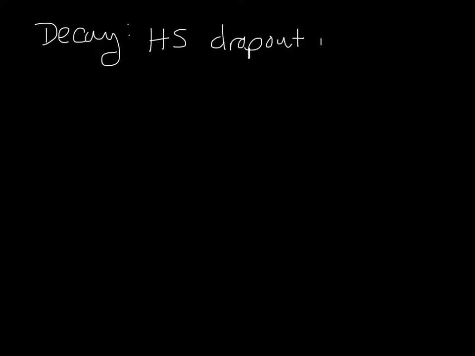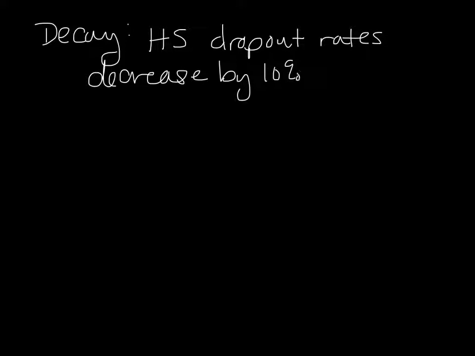Our other kind is our exponential decay. And let's say that an example would be that high school dropout rates, I don't know where this came from, decrease by 10% each year.